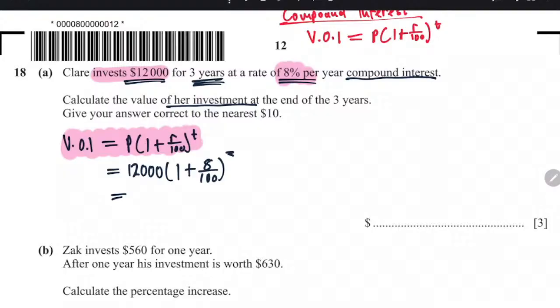What do you do when you're punching? You say 12,000. Then you say open brackets. Then you say 1 plus. Then you say open bracket. Then you say 8 over 100.